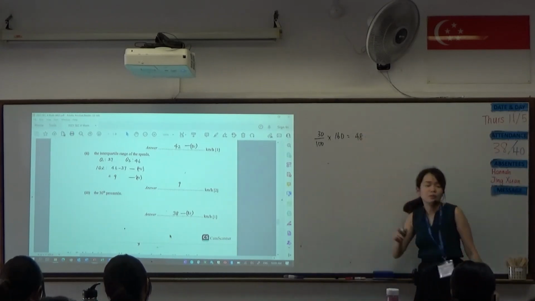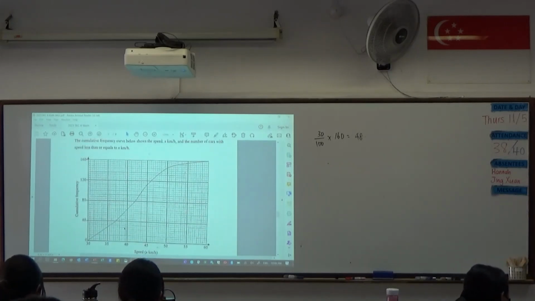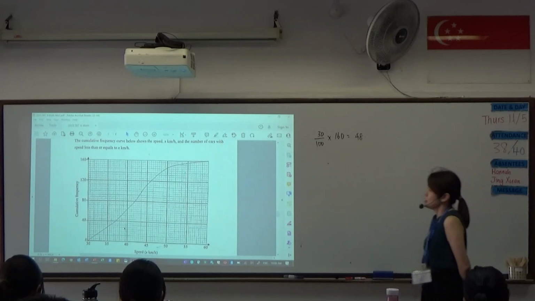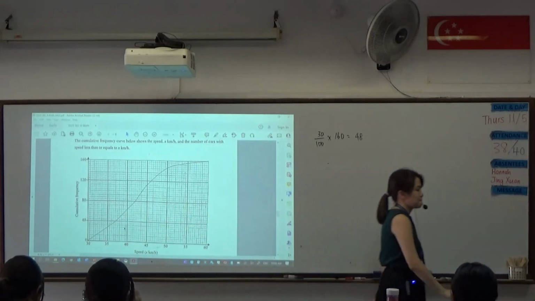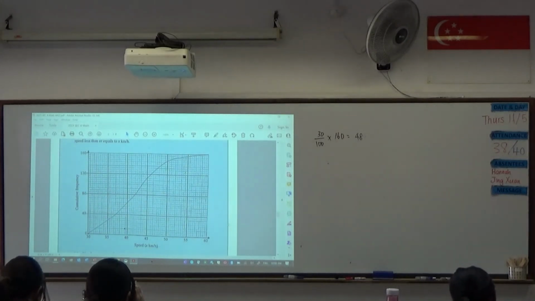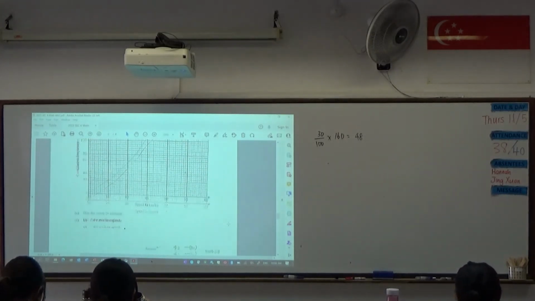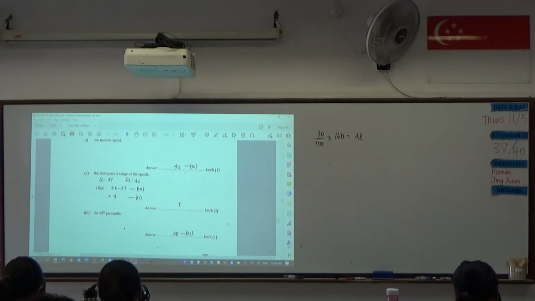So we go ahead and read off the curve at 48, around here, and then read off the value. While you may think that this is a simple task, some of you do make careless mistakes in reading the graph itself.